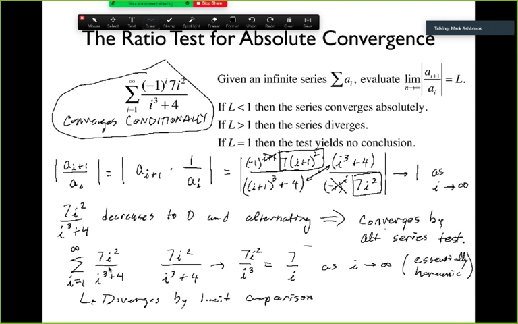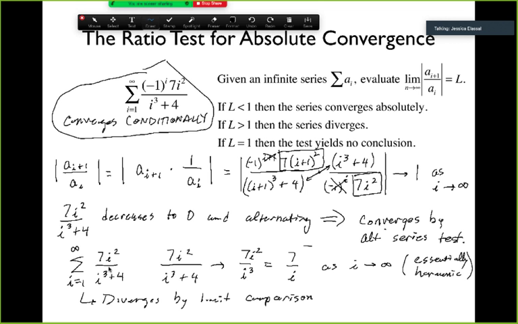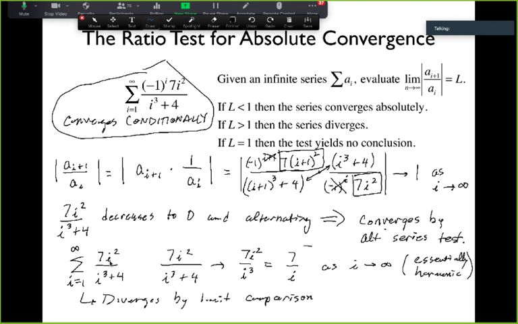It doesn't require the alternating effect to help it converge. It even will converge if all the terms are positive. Okay. Just checking. Thank you. All right, we need to do some more examples here.